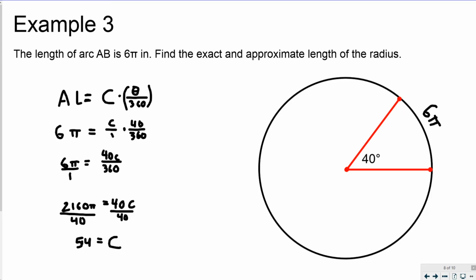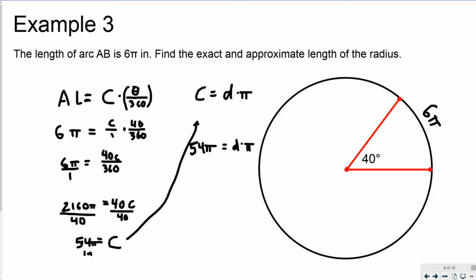So now what I can do is take 54 pi inches and substitute that into the circumference formula. So the circumference of the figure is equal to the diameter times pi. So if I substitute it in here, my new equation becomes 54 pi equals the diameter times pi.